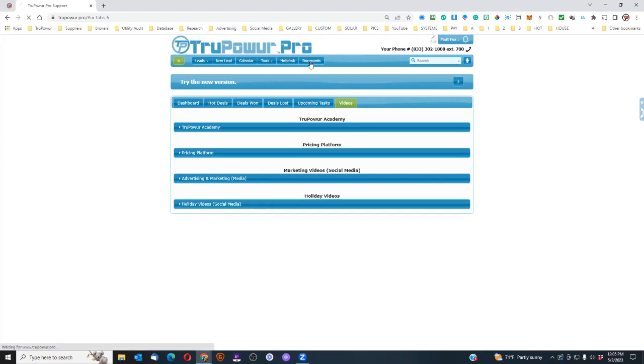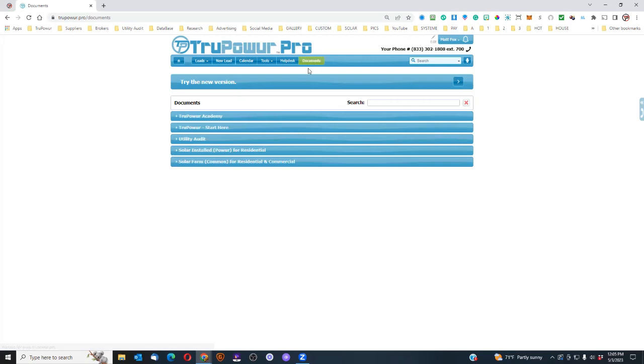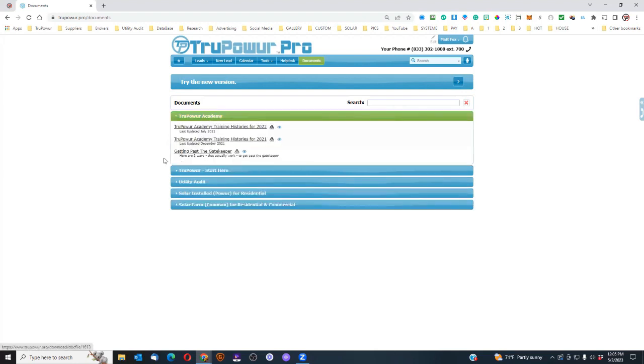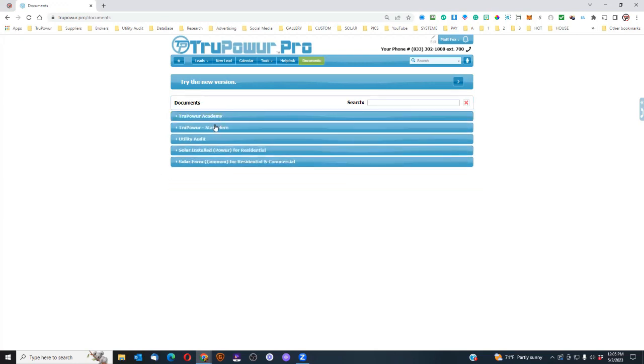One of the areas that is really important, and a lot of people overlook, is the Documents tab. Under the TruPowur Academy, there is good information in there, especially this document that will help you learn how to get past the gatekeepers.